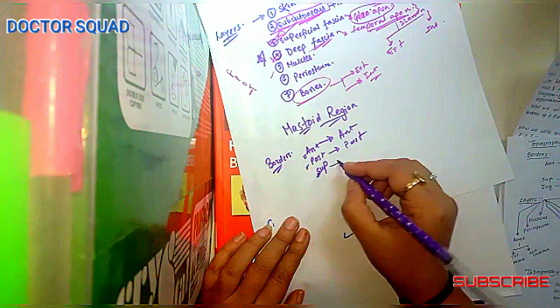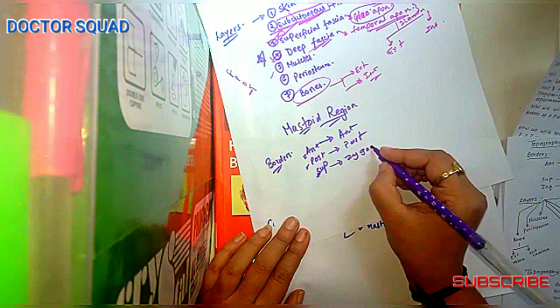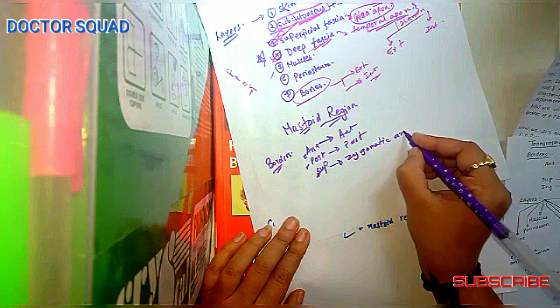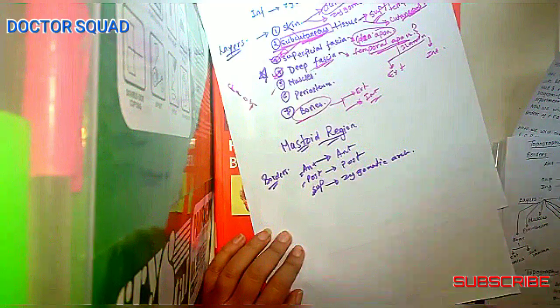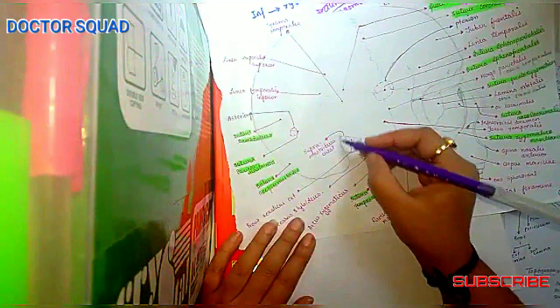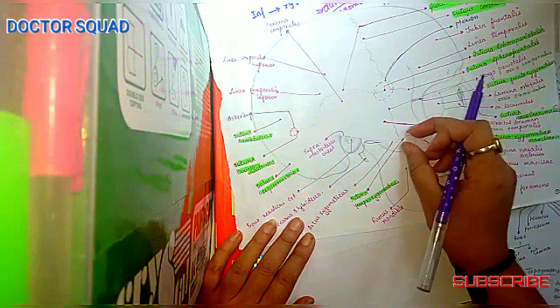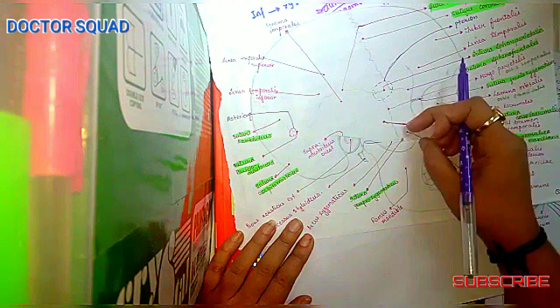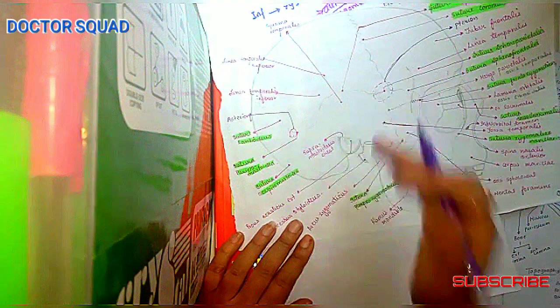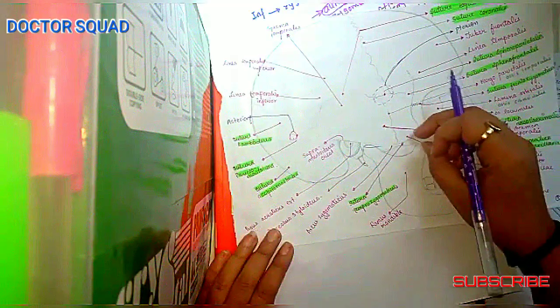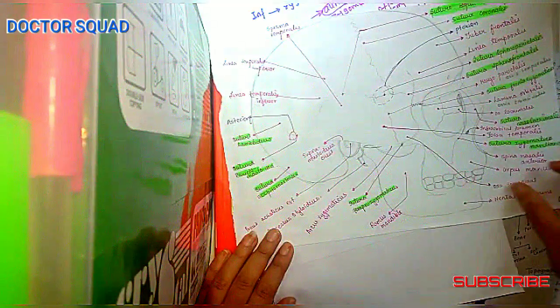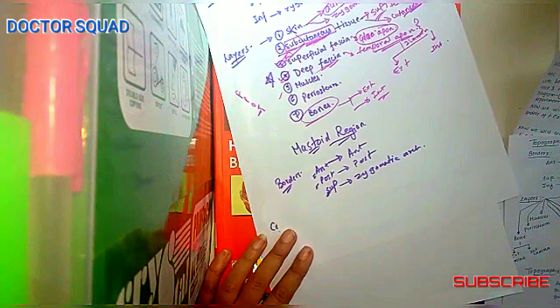It's easy, right? And the superior part, zygomatic arc. As you can see here, this is the mastoid process, right? Here it's a continuation of the zygomatic arc. Exactly, we cannot say that it's the zygomatic arc, but it's a continuation. So we can say zygomatic arc, right?